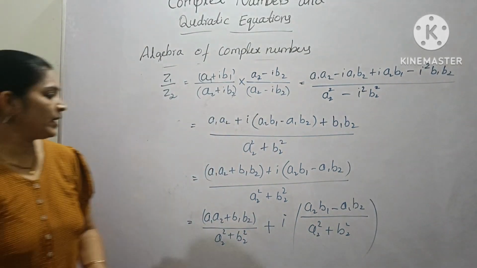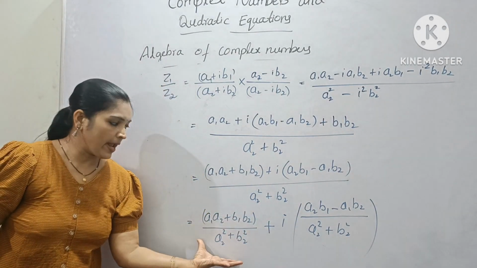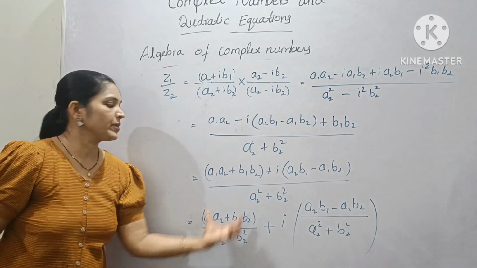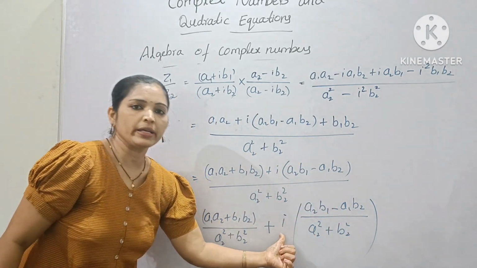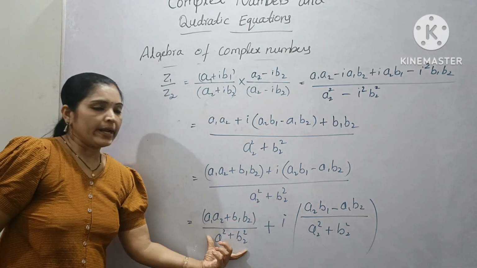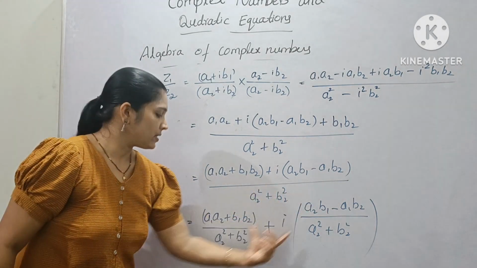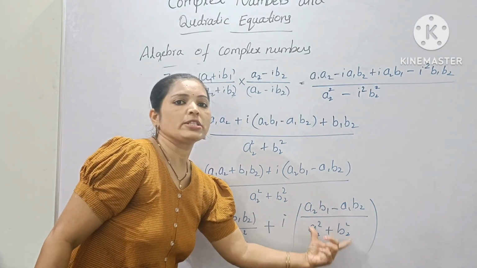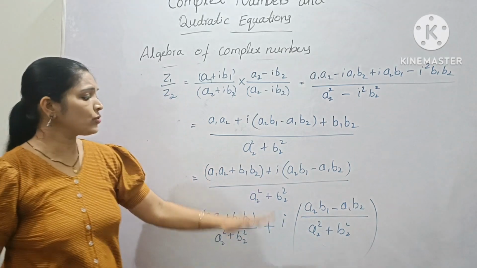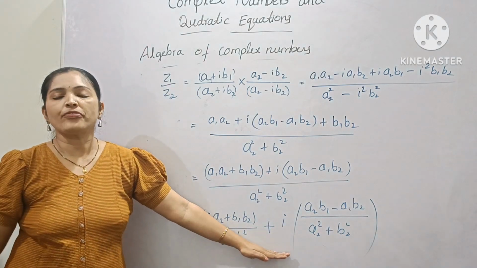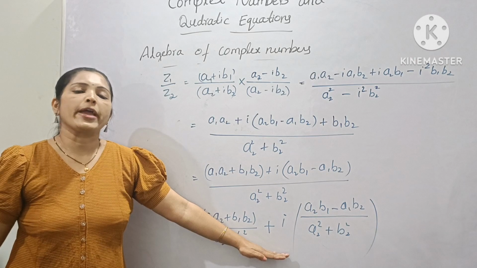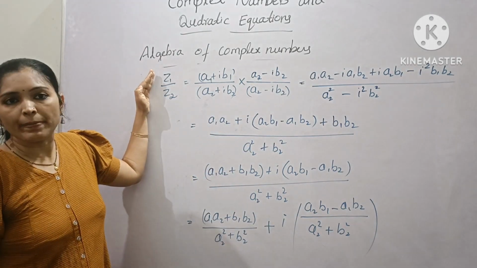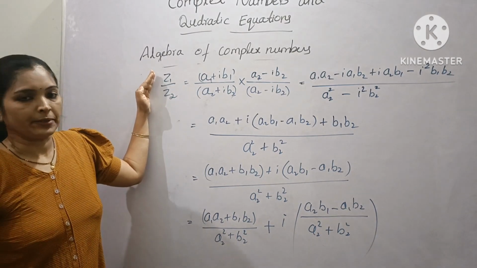Now it is of the form a plus ib: the real part of z1 by z2, and the imaginary part of z1 by z2. Therefore, it is also in the form of a plus ib, which is also a complex number. Therefore, division of two complex numbers is also a complex number.